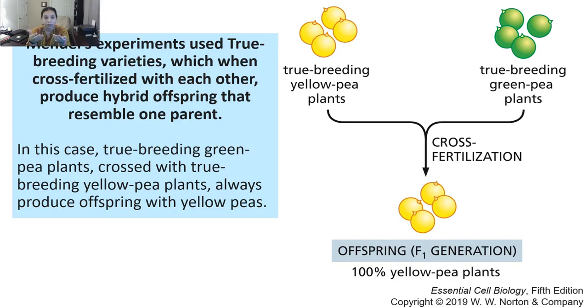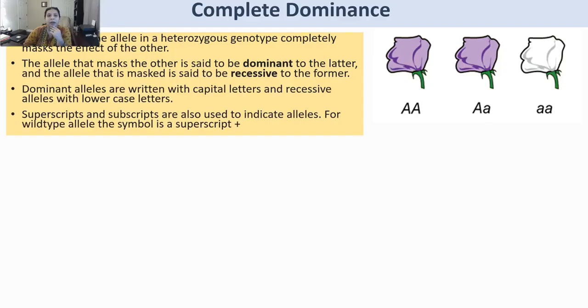And when you cross-fertilize them, you end up with offspring in the first filial generation which are 100% yellow pea plants. So in this case, the yellow is masking the green phenotype, because obviously you still have the green allele in them, but that's not what's showing up. In this case, we call this a complete dominance of the yellow over the green.